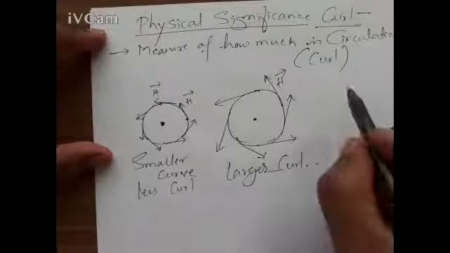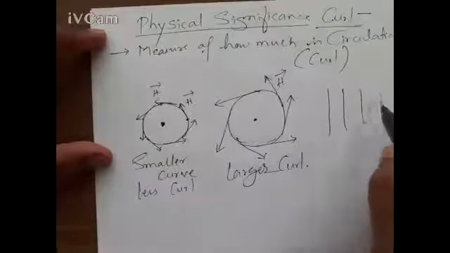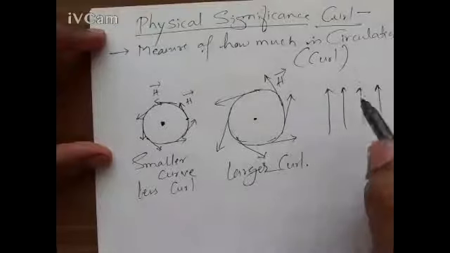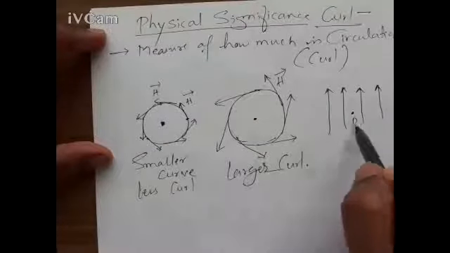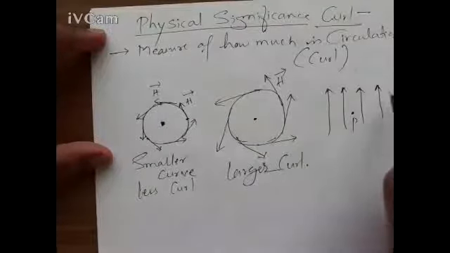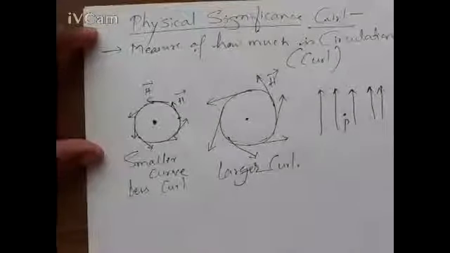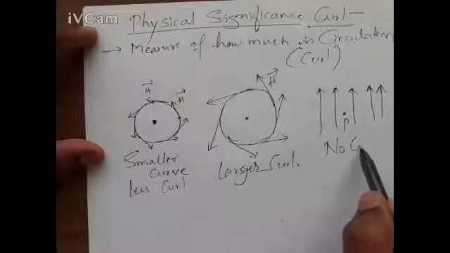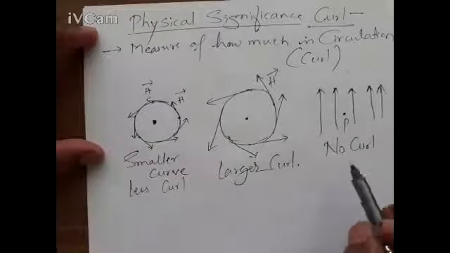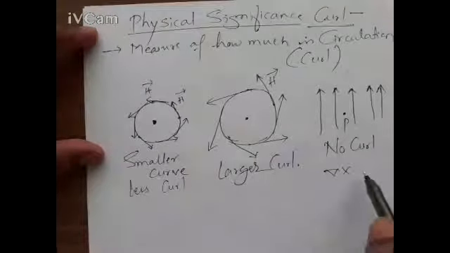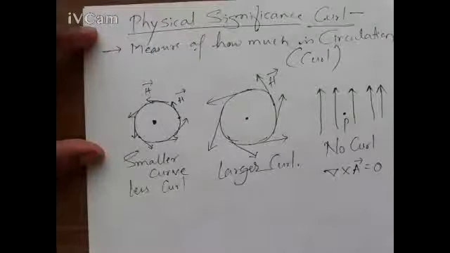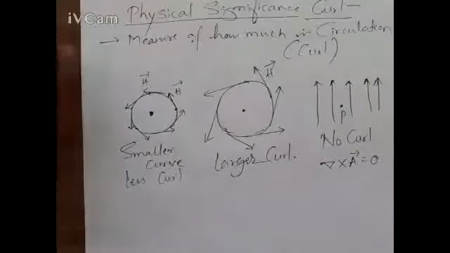If there is no curl, for example, the field lines are like this, tell me what is the curl at this point P. Because these are parallel to each other, there is no curl. That means del cross A, or del cross H, is equal to 0.